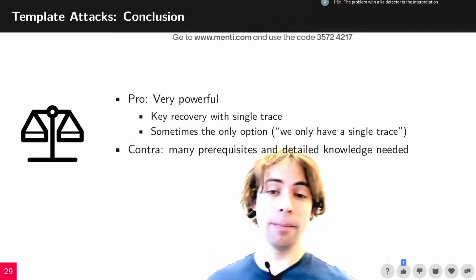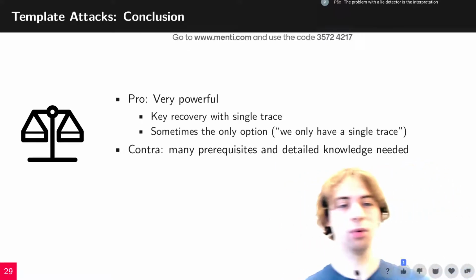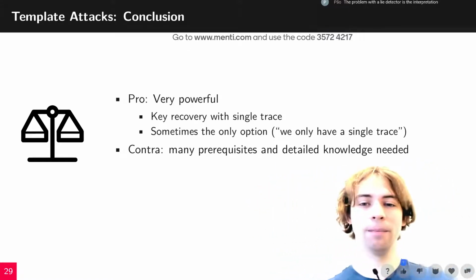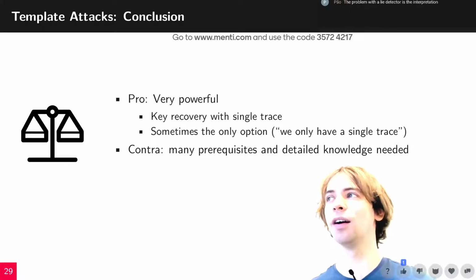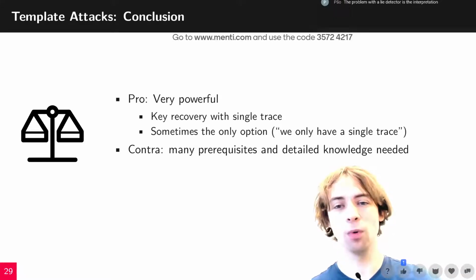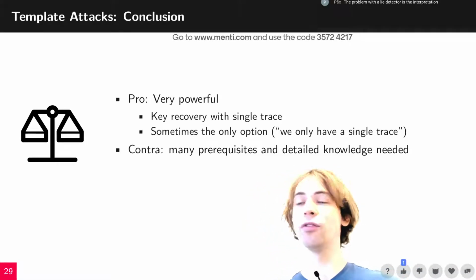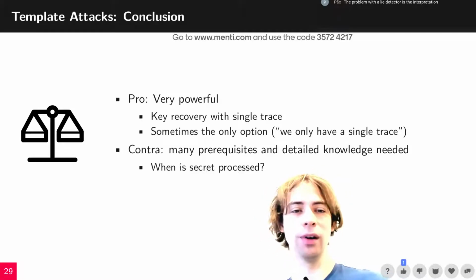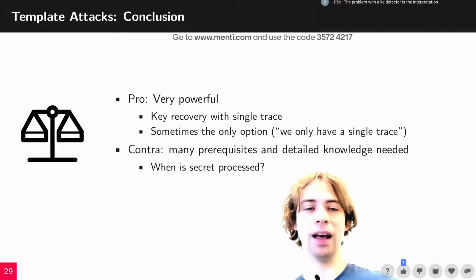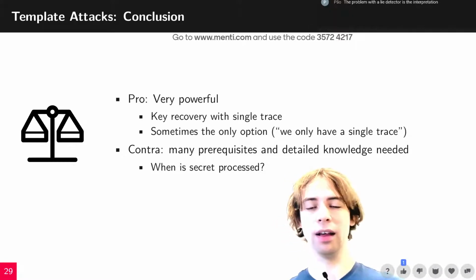Negative point, you have to get these samples, right? You need to know when things are processed. You need to know where to trace the process. So even if you don't have to understand the full math behind it, you still have to know some things about the algorithm.